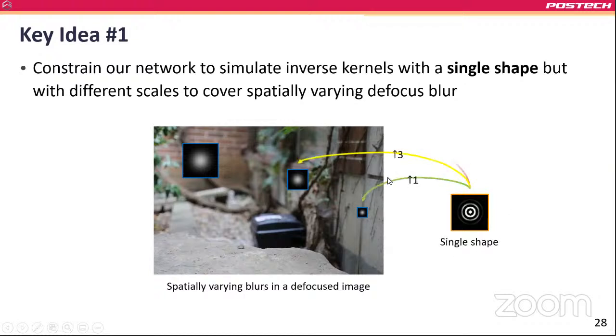Then only the scale may change, right? That is the meaning of the first key idea. Again, to deblur these different pixels, we can use the same inverse corner, but only the scale of the inverse corner needs to be changed.